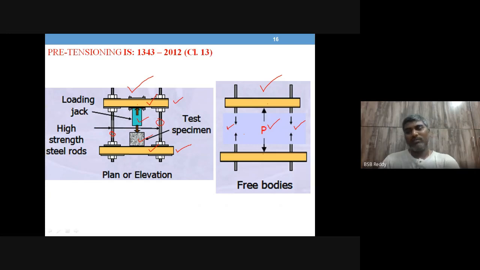So you don't have to worry about any strong foundation to be made for an abutment. There is no abutment required. Just the frame is sufficient, arrange this frame at the end of the member and apply the jack. That will take care of the entire tensioning operation.